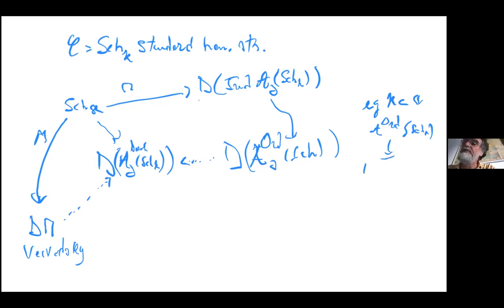This is the definition of Nori motives: the factorization of the realization functor that I have from these to R modules, but usual R modules, not the p-adic ones. So you have a realization functor given by the singular homology, right? R is the usual singular homology into all R modules.